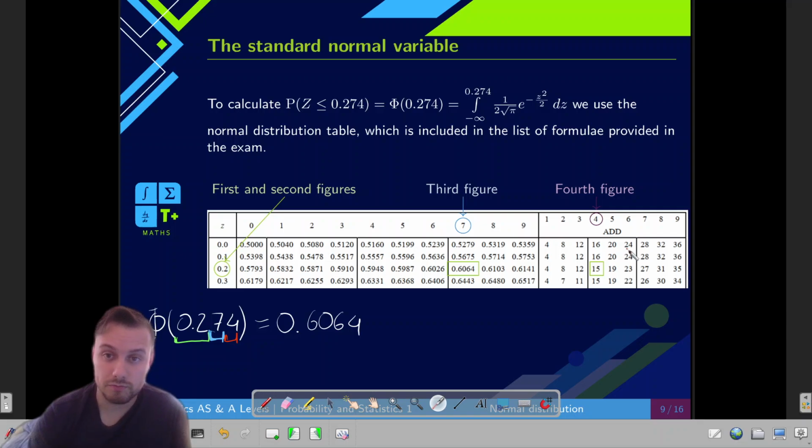How do I use the fourth figure? Well, I need to see what my fourth figure is. In this case, my fourth figure is a 4. So I need to go to this column and the same row that I was using earlier, and I have this beautiful 15. What does this 15 mean? It means that I have to add a 15 at the end of this number.